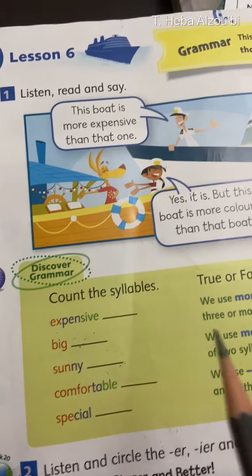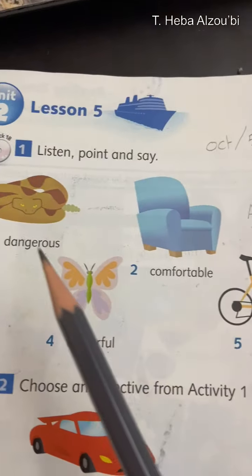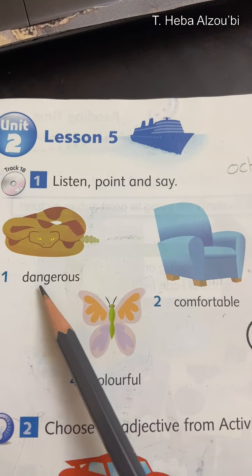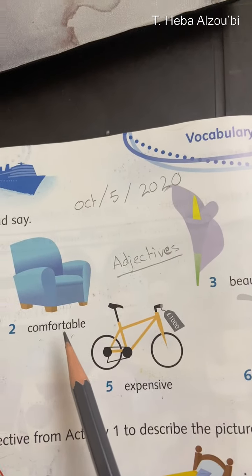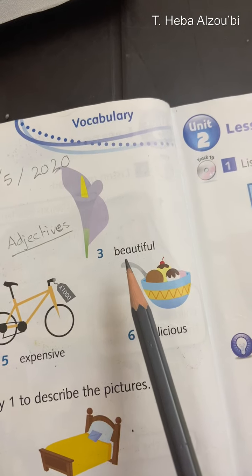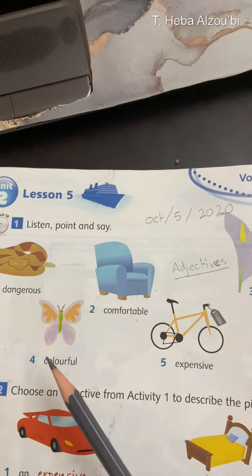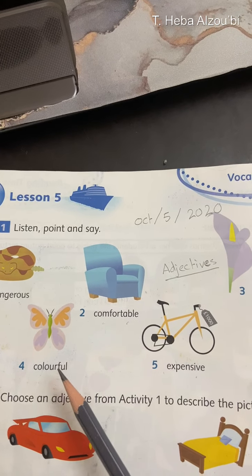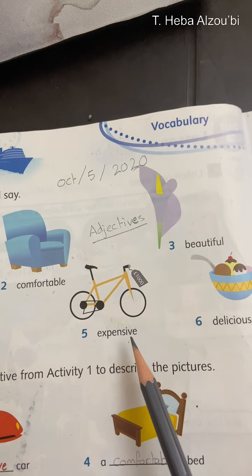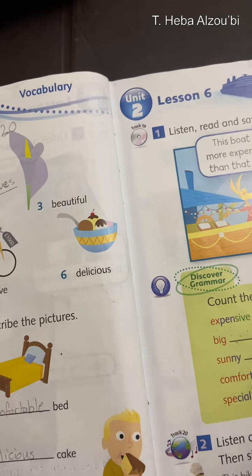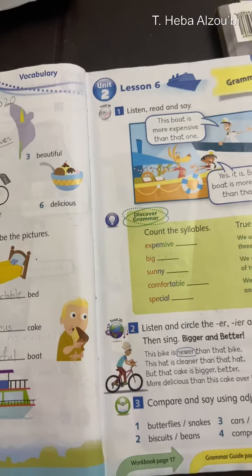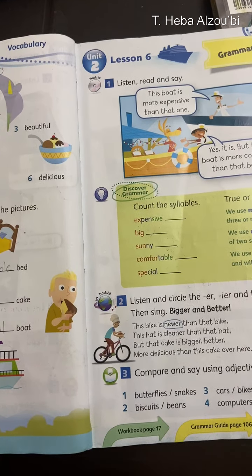So dangerous becomes more dangerous than, more comfortable than, more beautiful than, more colorful than, more expensive than, more delicious than. This is the comparative using the long adjectives.